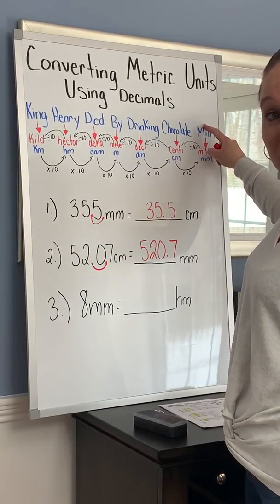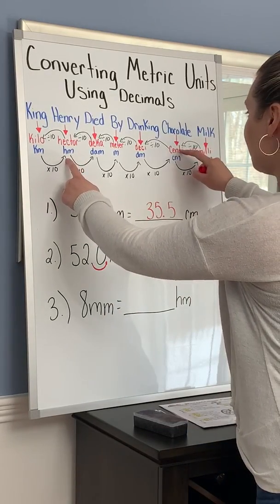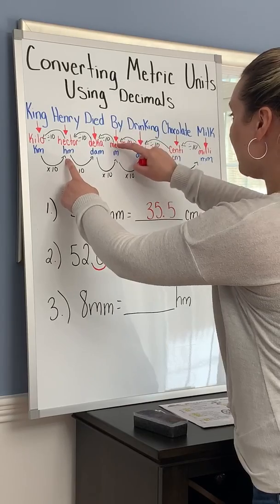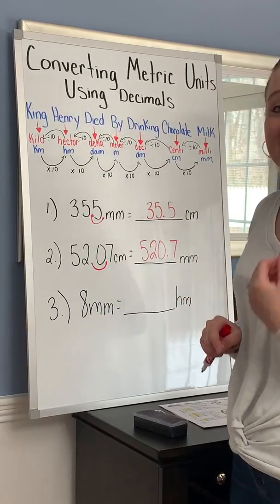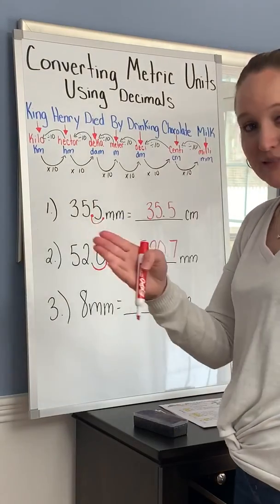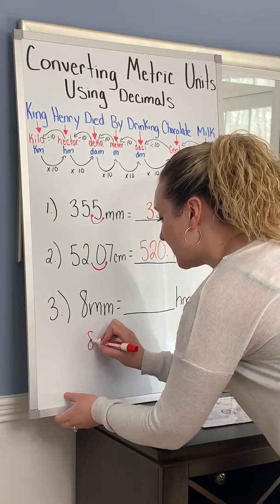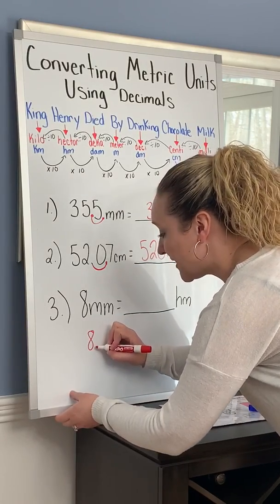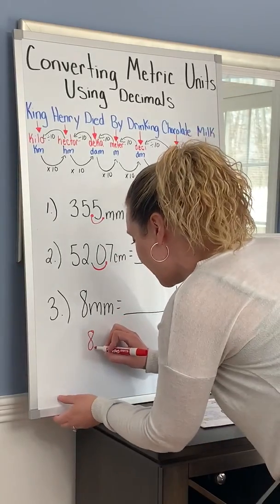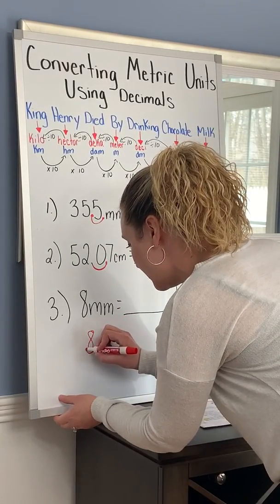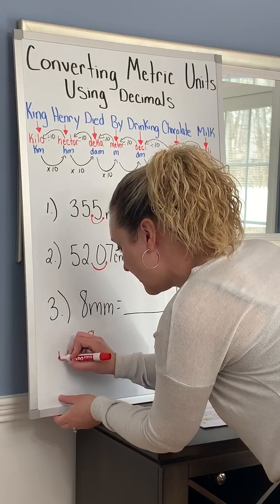Here we go. Let's see how many hops we need to get to hectometers, okay? We have 1, 2, 3, 4, 5 places. I need to move my decimal 5 places to the left. And right here, I'm just going to rewrite it so you can see it a little bit better. Remember, here is my invisible decimal, and I need to go 5 places to the left. Here we go. 1, 2, 3, 4, 5.